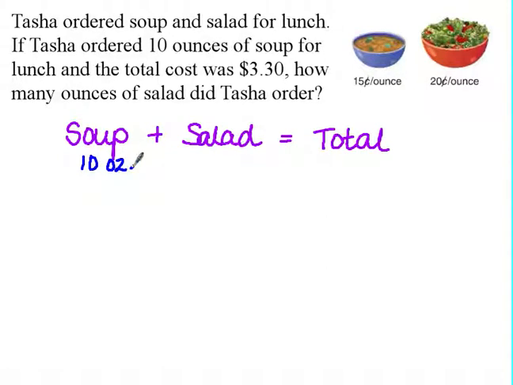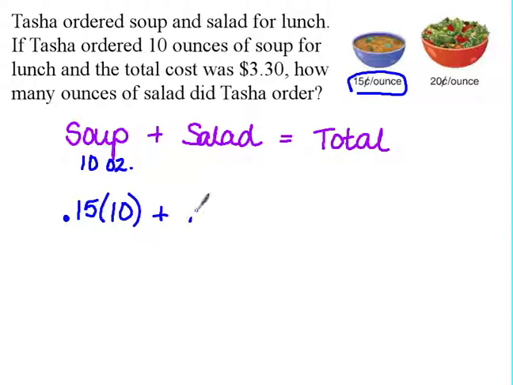And how much does the soup cost? 15 cents per ounce. So what I'm going to do is I'm going to take 0.15 times my 10. Now why did I do 0.15? Because it's, well, not percent, it's money.